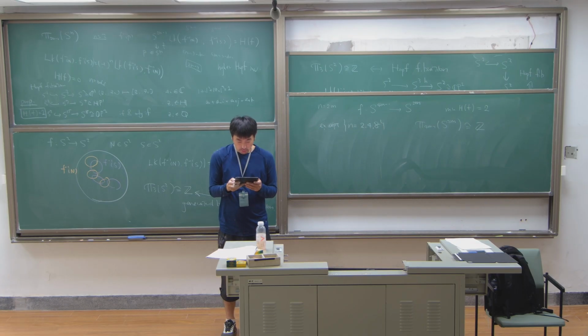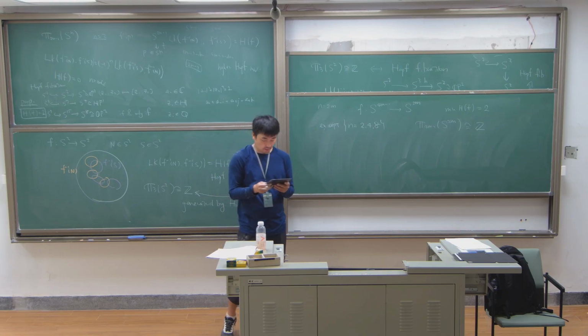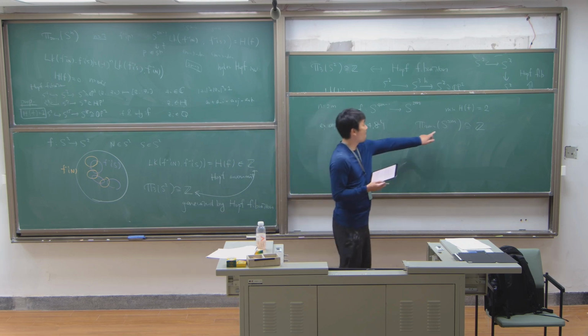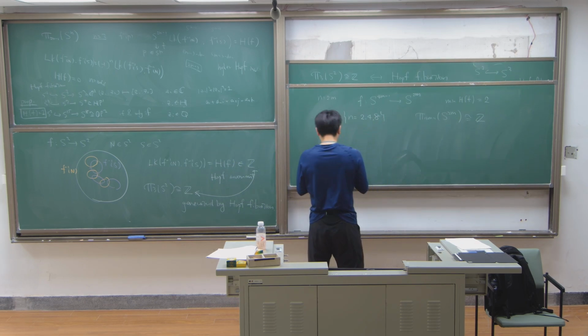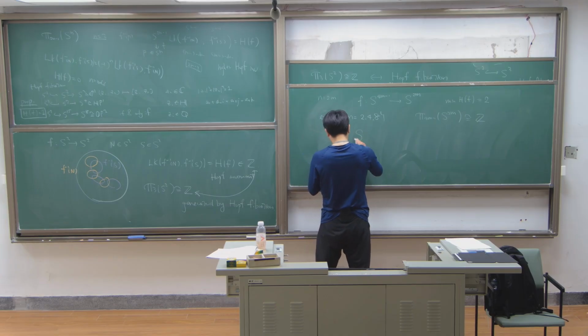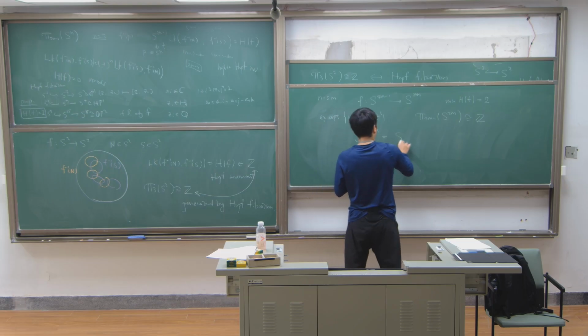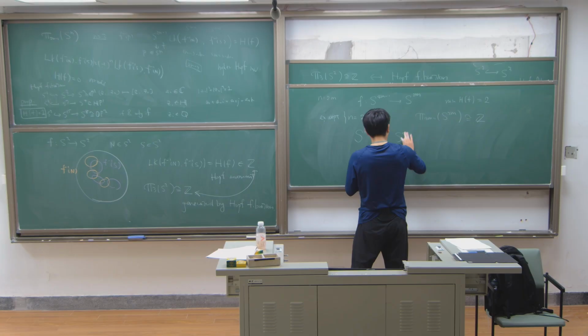So I just give a proof of this, just construction of this F by the following. You just consider S 2m minus 1, 4m minus 1 by just S for m.